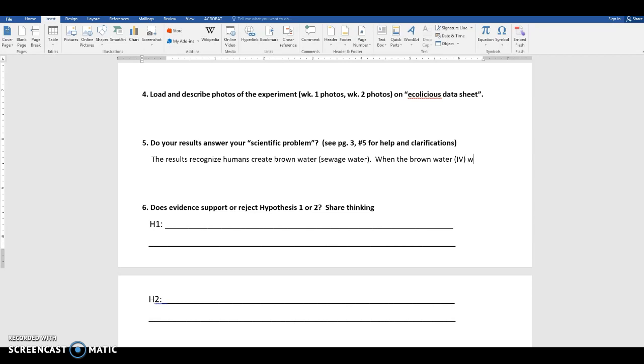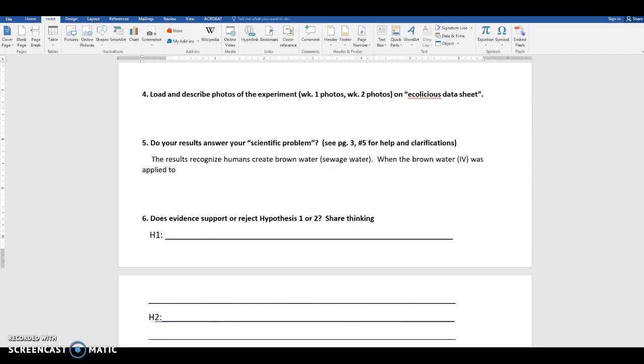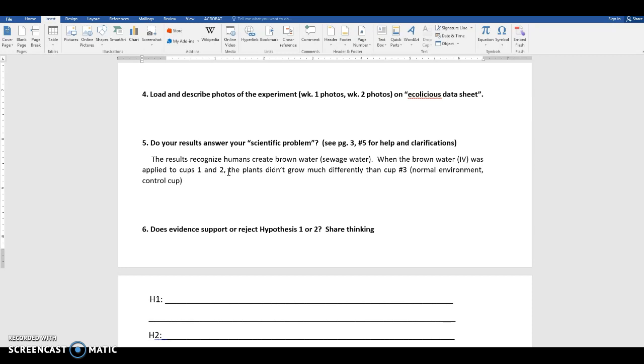When the brown water was applied to cups 1 and 2, the plants didn't grow much differently than cup number 3, which had a normal environment. It was our control cup, right? Notice I'm using these important words to clarify. So these words help with language.